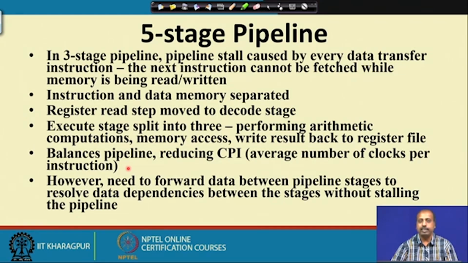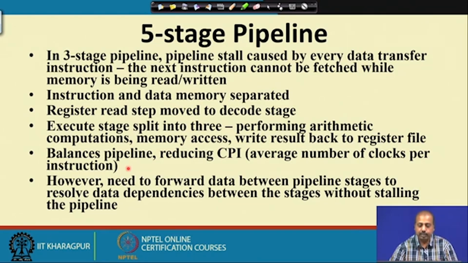So ideally the CPI value should be 1, but it is definitely not possible, because of the different stage requirements of these instructions, and the number of pipeline stages will not always match exactly with the execution time of the instruction. As a result it cannot be 1, but it will reduce the average CPI value.